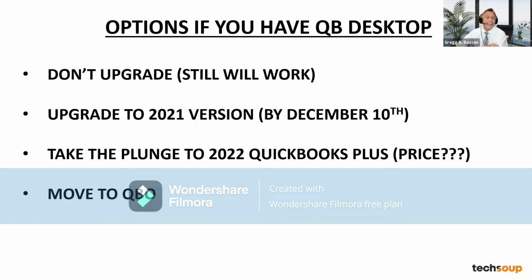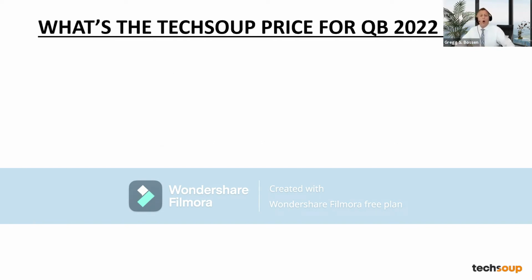No, $78 period for QuickBooks 2021. The only ones that are an annual subscription are starting with version 2022. Now, what I want to know is what the TechSoup price is going to be for QuickBooks 22 Plus. And the answer is nobody knows. We don't know yet. They're still trying to figure it out.